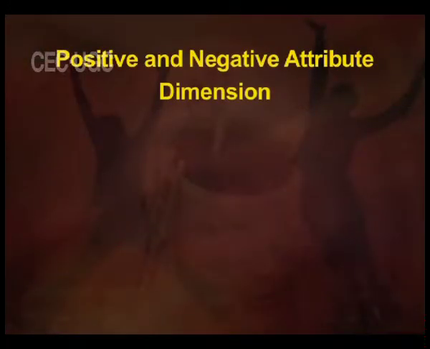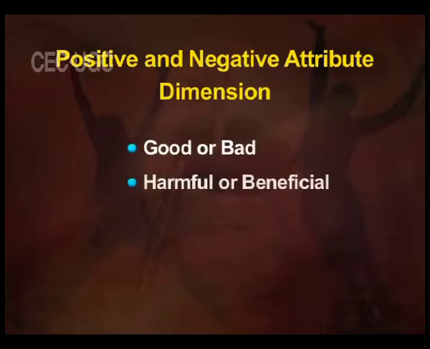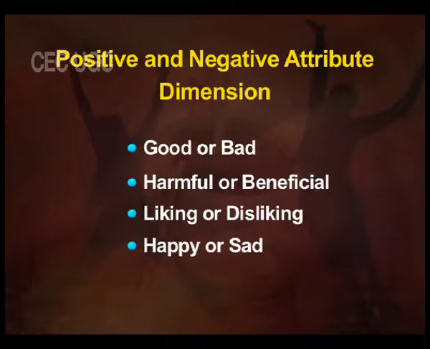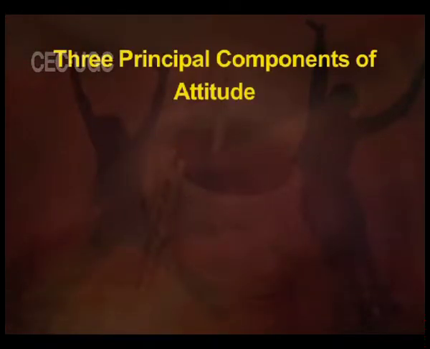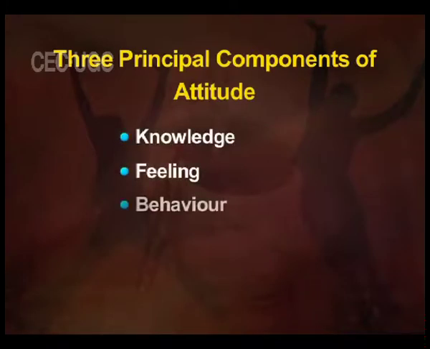Hence, attitudes are commonly viewed as the summary evaluation of a psychological object, captured in such attribute dimensions ranging from positive to negative. When we talk about positive and negative attribute dimension, we indicate good or bad, harmful or beneficial, liking or disliking, happy or sad. The evaluation emphasizes the complex combination of the three principal components of attitude, such as knowledge, feeling, and behavior.